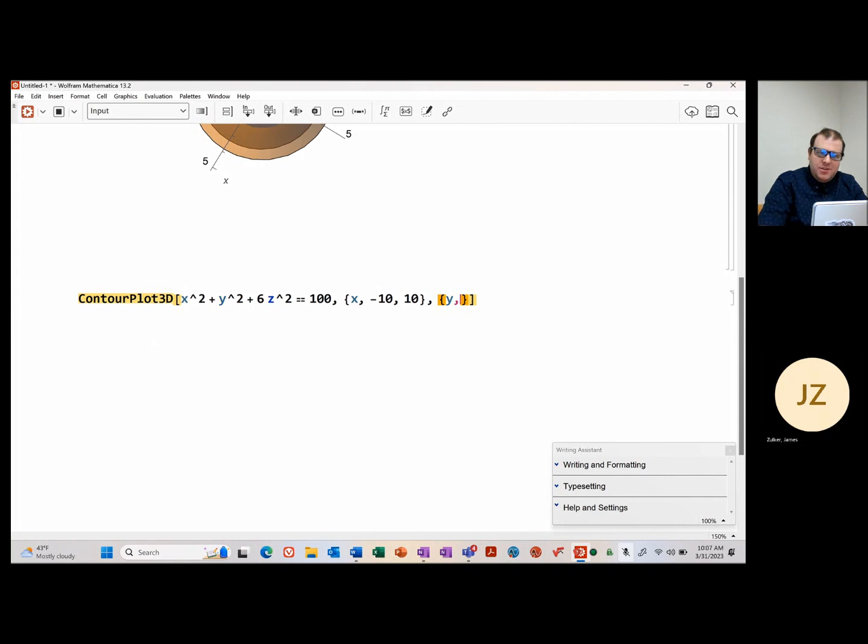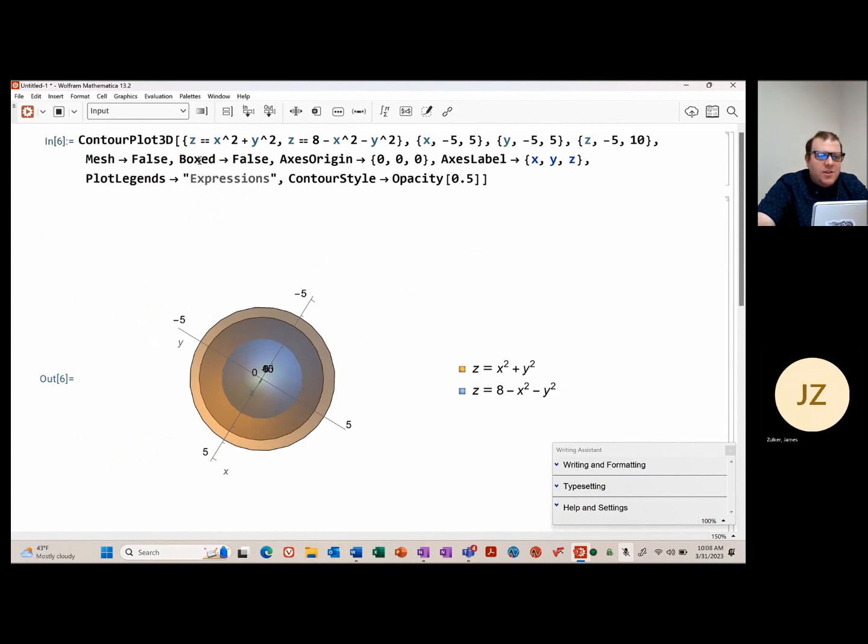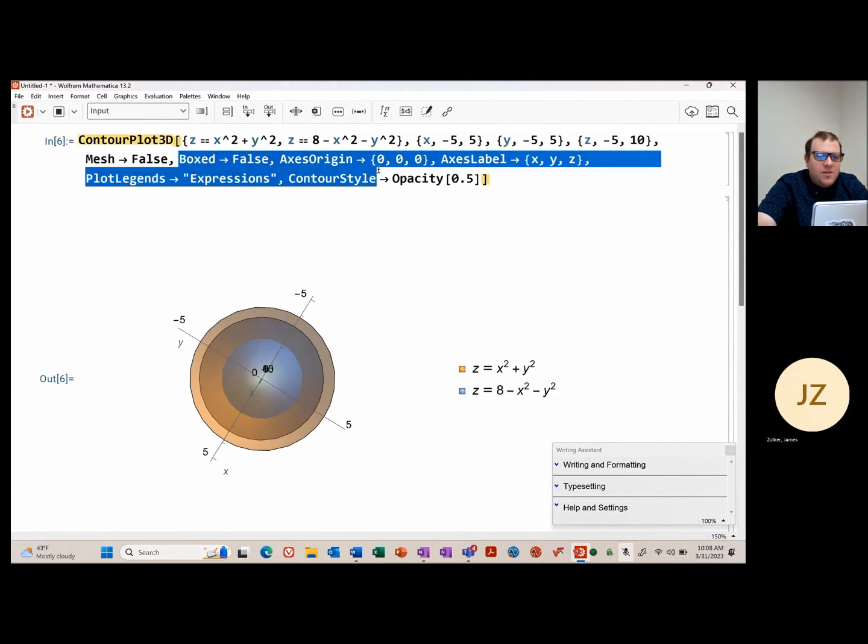See how this turns out. This should work. You know what? I'm going to take the lazy man's way out. Except I don't need the contour style anymore.